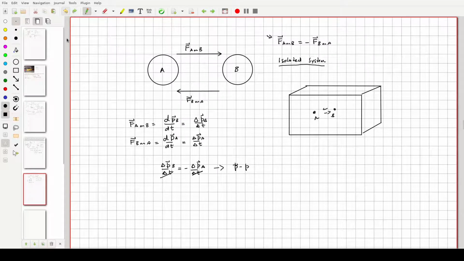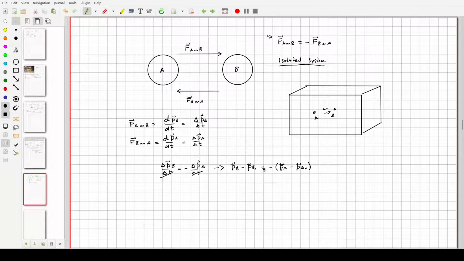So to rewrite that, the momentum of B after the interaction minus the momentum of B before. On the right-hand side, I have a minus sign and a change in momentum in A. The momentum of A after the interaction minus the momentum of A before the interaction.